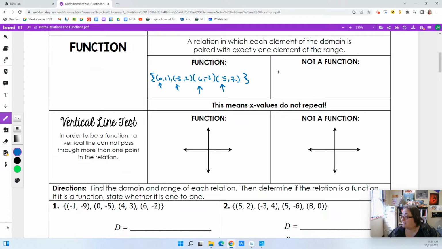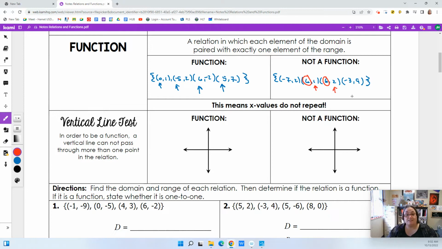So if I looked at the set of, say, (negative 7, 2), (6, 1), (6, 2), (negative 3, 9), I would not have a function, because I have two of the same X values. I have a 6 here and a 6 here, but they do not have the same Y value.